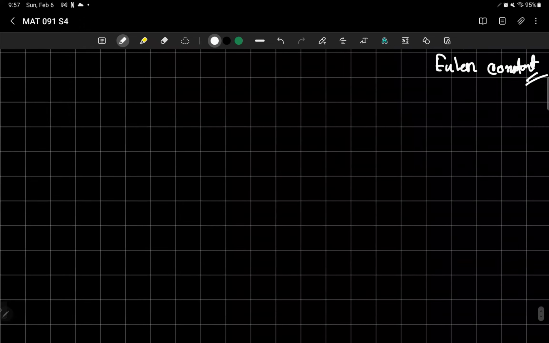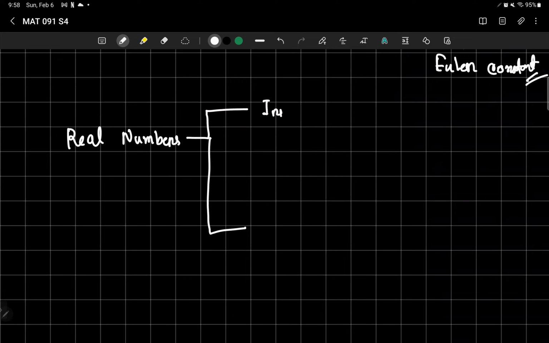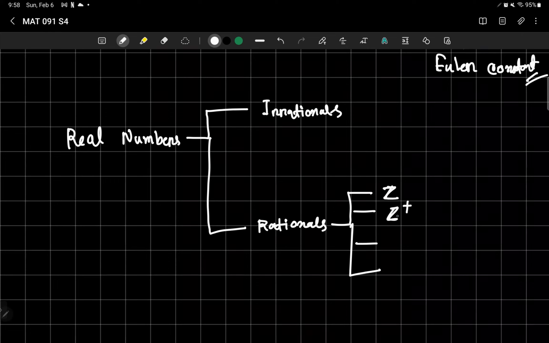So what happens in reality is that you take the set of real numbers and you divide them into irrational and rational. And inside rational, there are subcategories. Those are Z plus, that means integers, whole numbers, natural numbers, and so on.